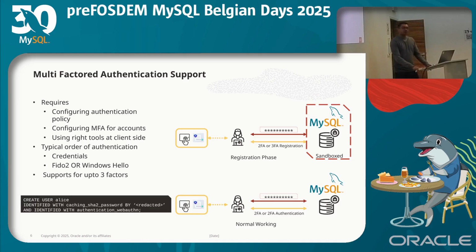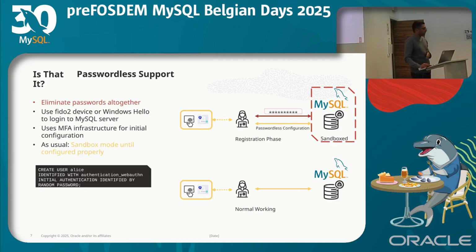As I said, this was the first motivation behind it, but it brings something extra. While it supports multi-factor authentication, it also provides the ability to support passwordless login. So what you can now do is eliminate the caching SHA-2 or, for that matter, any password that you store on the server altogether.